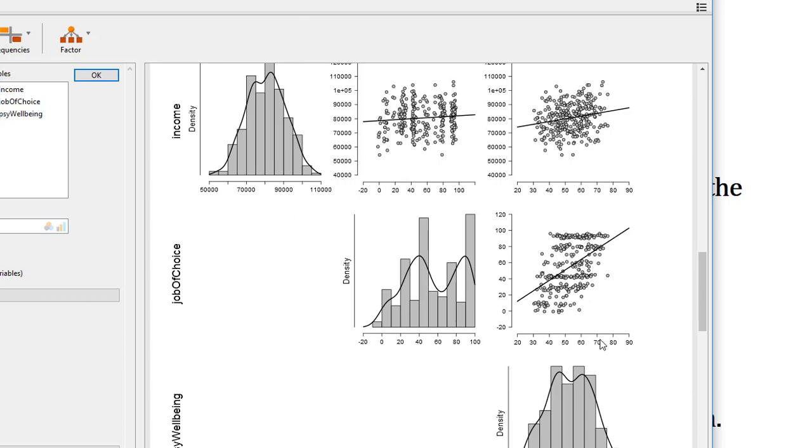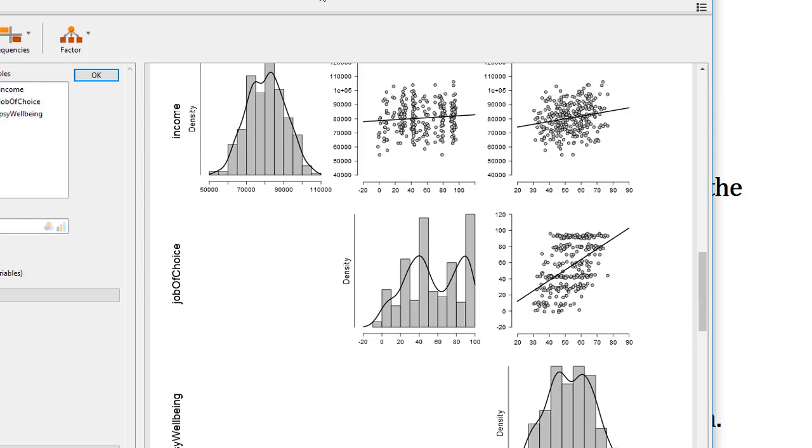So this is a nice plot when you've got 3-4 variables. When we've got a lot of variables, then it becomes a bit too big, but it's nice here. You can see the relationship between the three variables and the distribution of each variable as well.